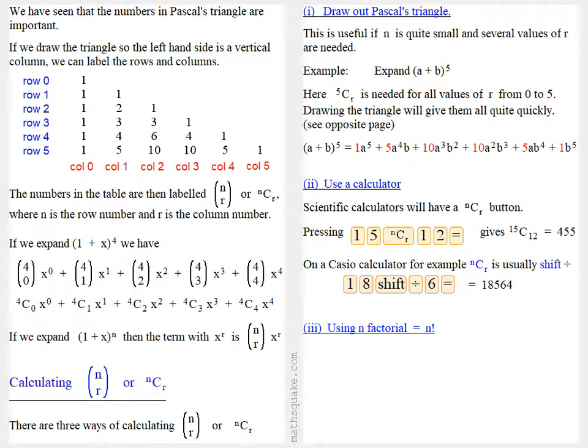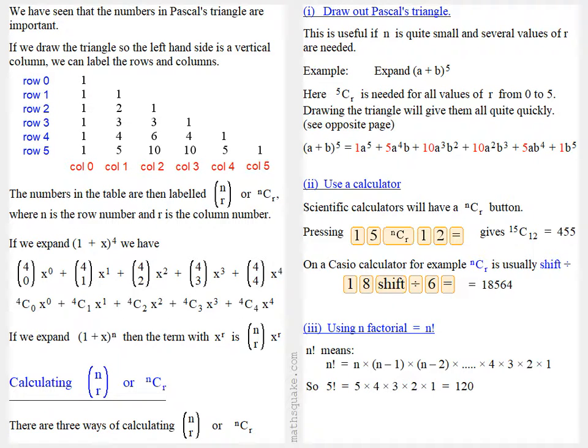Another way of doing it is introducing n factorial, which we write as n with an exclamation mark. Now, n factorial equals n times n minus 1 times n minus 2 and so on till we get to times 4 times 3 times 2 times 1.